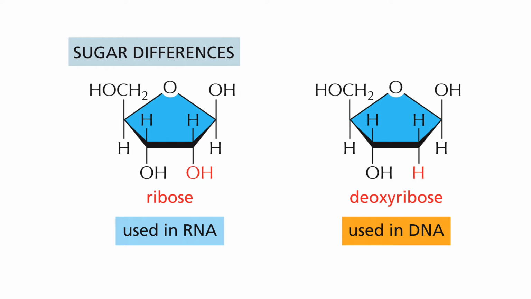The deoxyribose that's used in DNA is missing that 2' hydroxyl, and that's why it's referred to as deoxyribose. Actually, it should say 2-deoxyribose, because it's deoxygenated at the number 2 carbon. So these are the two sugars that are used in RNA and DNA, ribose and deoxyribose.